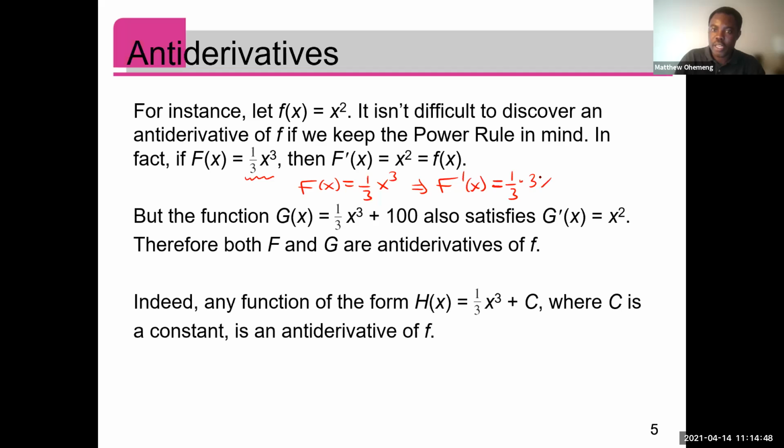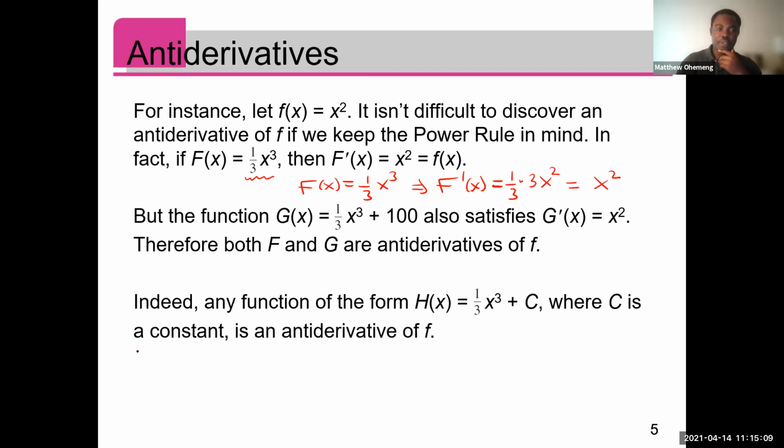That'll be your 3x squared. So that'll be equal to what? The 3 will cancel out. That'll be x squared. You see, that means that 1 over 3 x cubed is a function which we differentiate to get x squared. So 1 over 3 x cubed is what? It is the antiderivative of x squared.